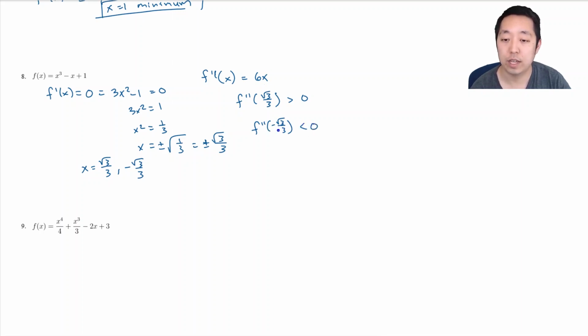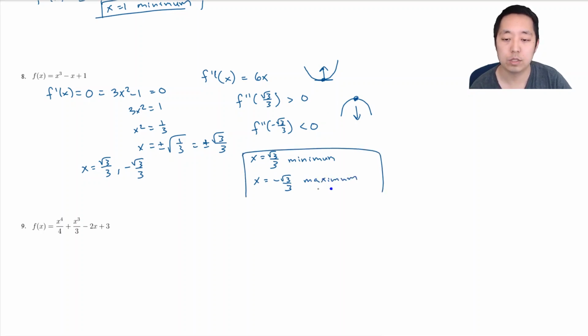So this is concave down. And remember, I drew my picture. When it's concave up, like this, then x equals root 3 over 3 is a minimum because it's concave up. And x equals negative root 3 over 3 is the opposite because it's concave down. It looks like that. And this is what concave down looks like, negatives. So this is a maximum.